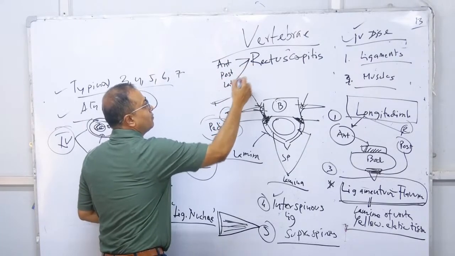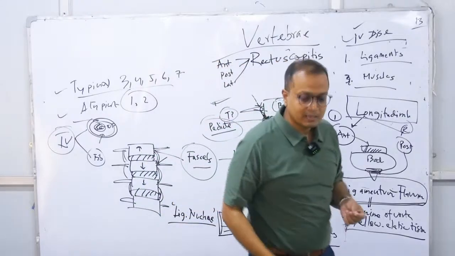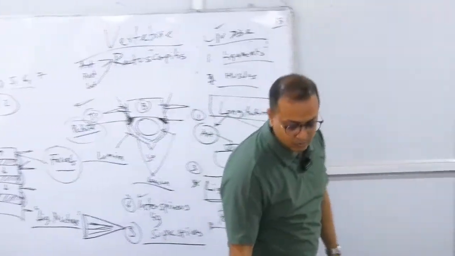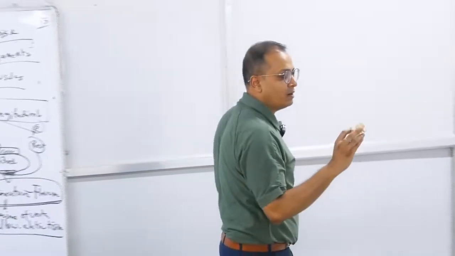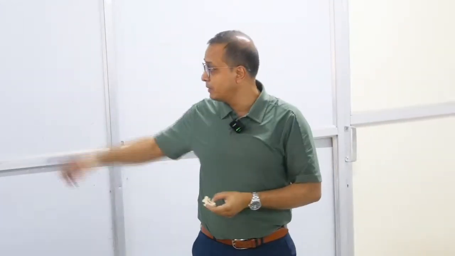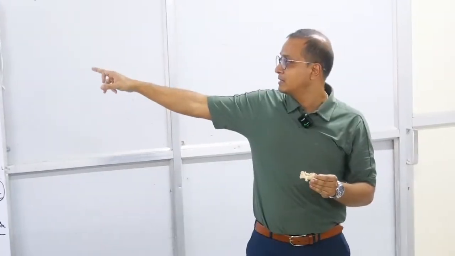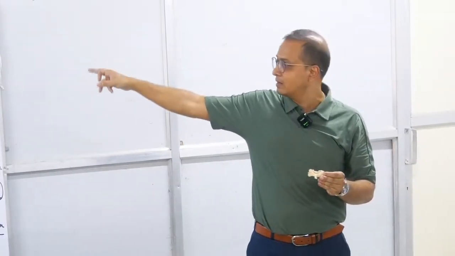The anterior, posterior and lateral rectus capitis are present in 3 different directions of this vertebra. If it is lying on the posterior side, which is the spinous end, we call it rectus capitis posterior. If it is present on the transverse process side, we call it rectus capitis lateralis, or lateral rectus capitis.